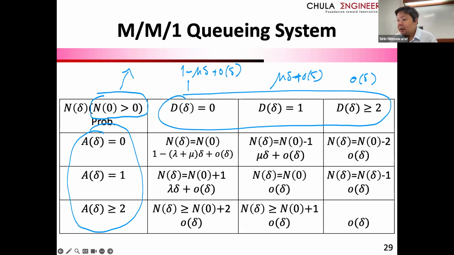Similarly, here it is 1 minus lambda delta plus little o of delta, lambda delta plus little o of delta, and this is little o of delta, right? So if you want to calculate the joint probability, just multiply them up. Let's look at the first one here. What is the joint probability if you multiply these two terms?